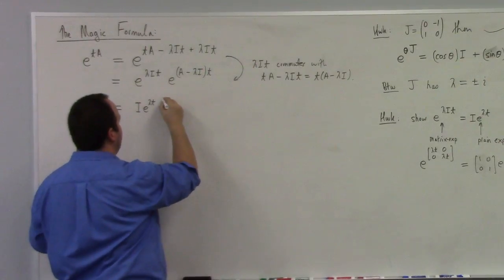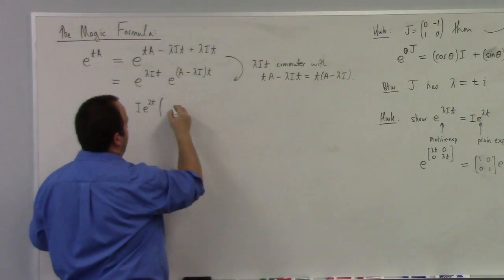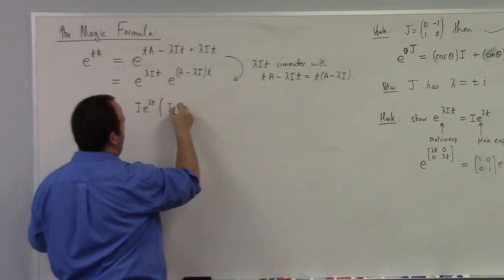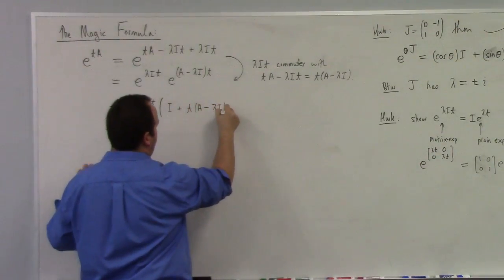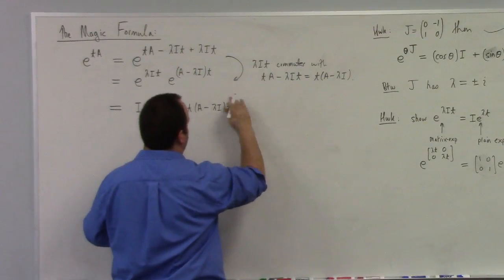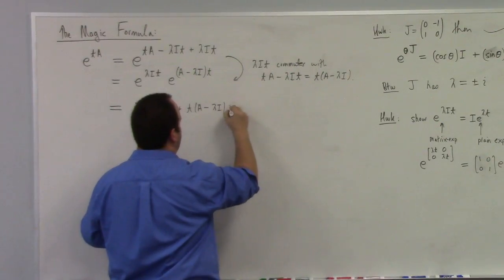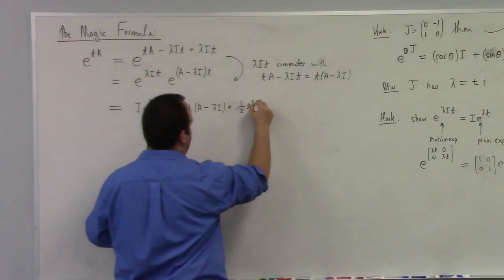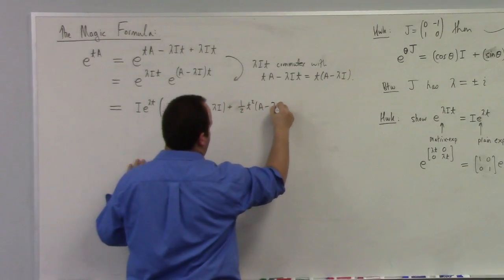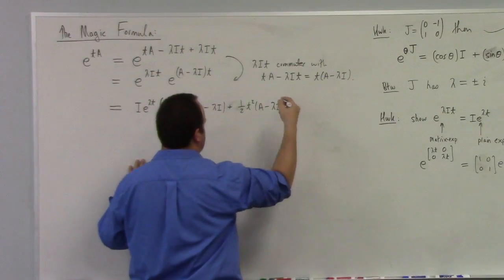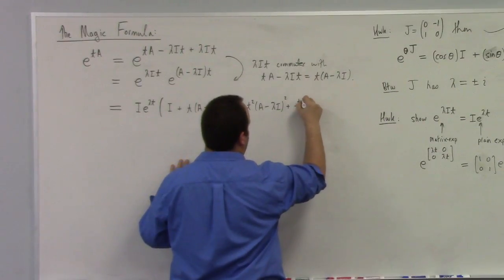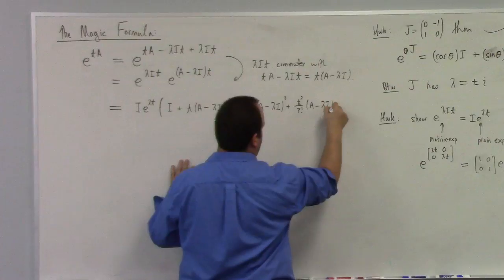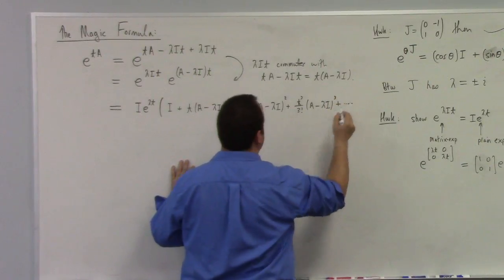Okay. Now this is a beautiful thing. This we can expand. This is I plus t times (A minus lambda I), oops, there's only one t here, plus 1/2 t squared (A minus lambda I) squared, plus 1 over 3 factorial t cubed (A minus lambda I) cubed, plus dot dot dot.